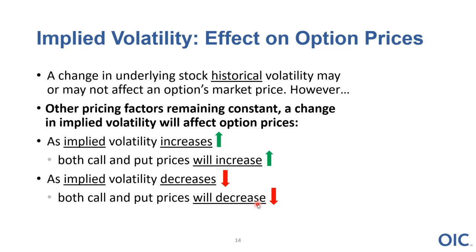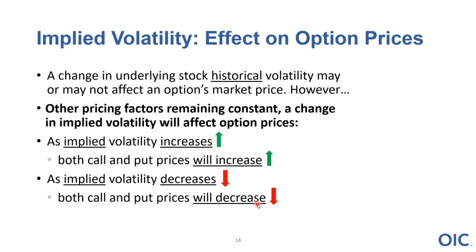If you have the volatility increase by 1%, that's not going to have too much of an effect on options that are far deep out of the money or far in the money. Not going to change those values a whole lot. But for your at-the-money options, any change in implied volatility certainly would have an effect. So at-the-money options have greater sensitivity to volatility changes.